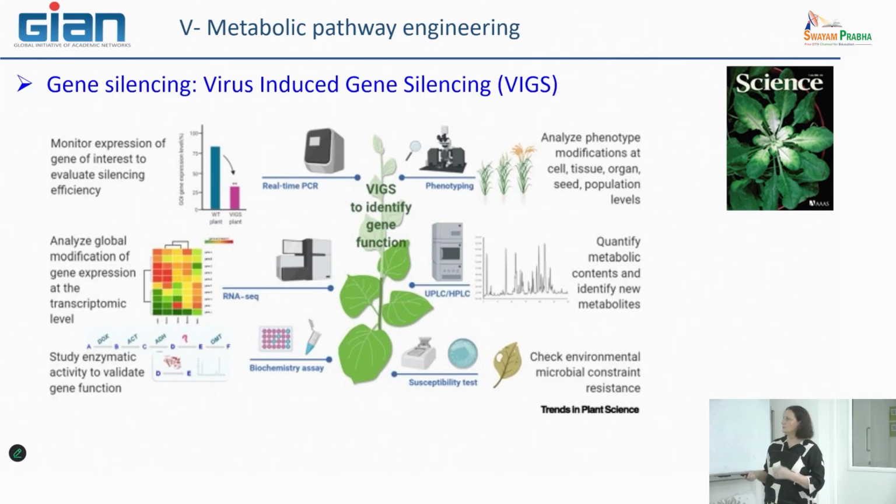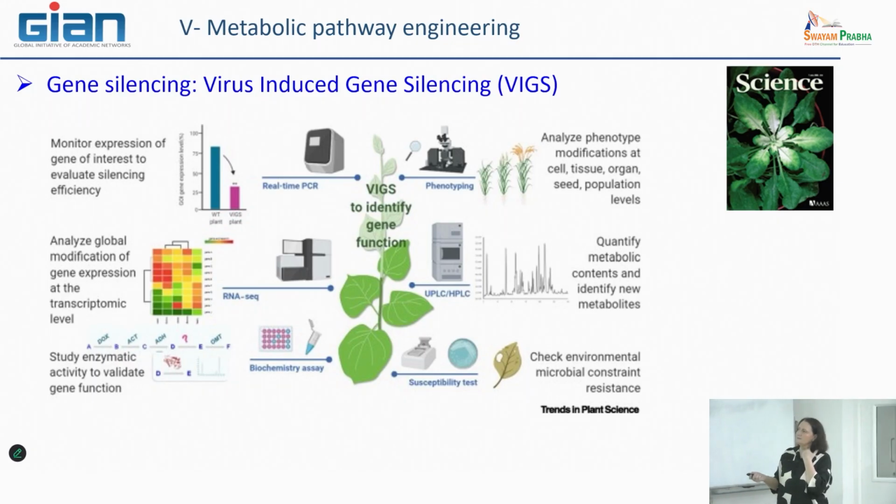You can also have access to susceptibility tests to check the resistance of your modified plants to environmental conditions, diseases, pathogens, but also climatic characters such as temperature, salinity, drought, and so on.